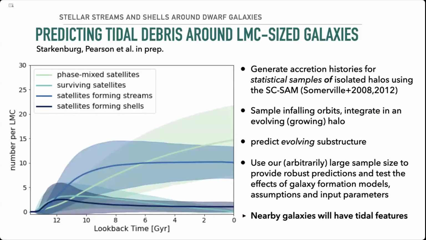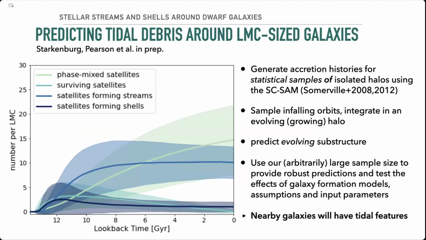Okay, so it's actually a complicated plot, because objects fall in as satellites. They can survive for a while, then they can start forming streams or shells. Streams can actually evolve into shells, and then later on things are phase mixed.